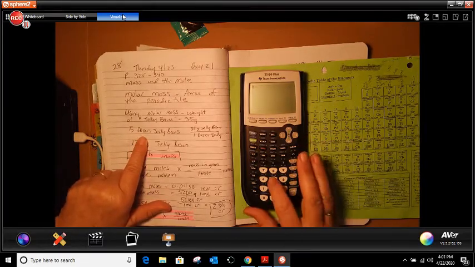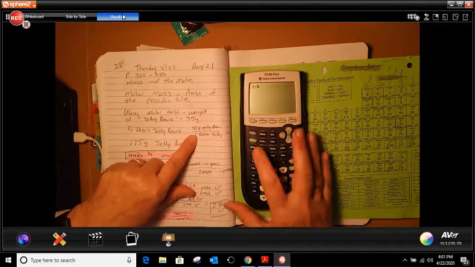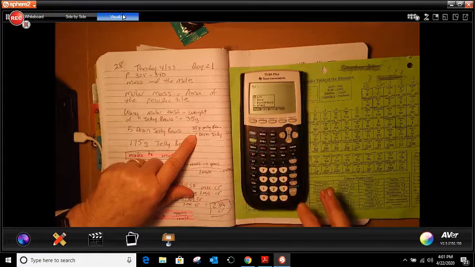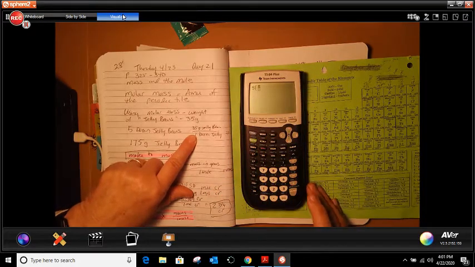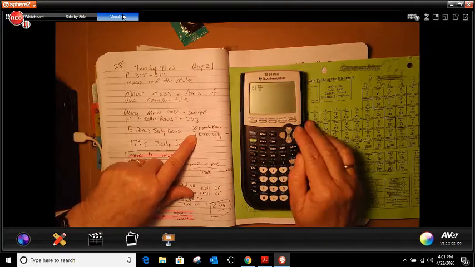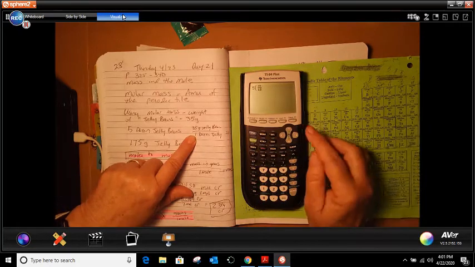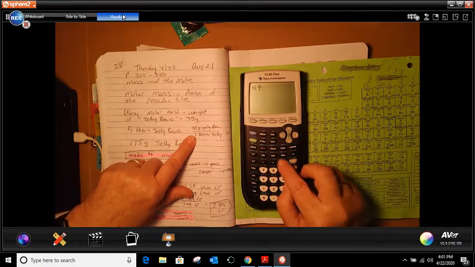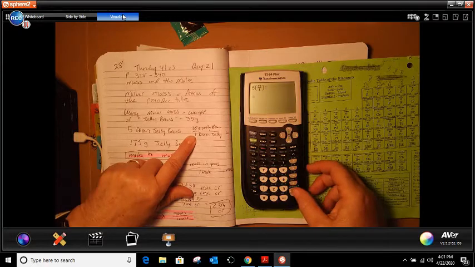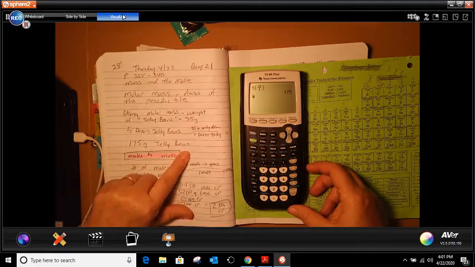So we're going to do 5, open bracket, fraction, alpha, y, enter, and you want to see the 2 lines here. 35, then go over, 1, go over again, close your bracket, and hit enter. As you can see, I have 175 grams of jelly beans.